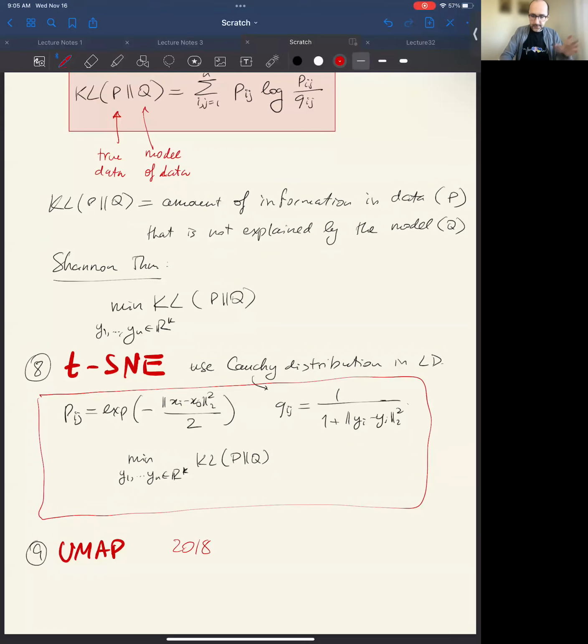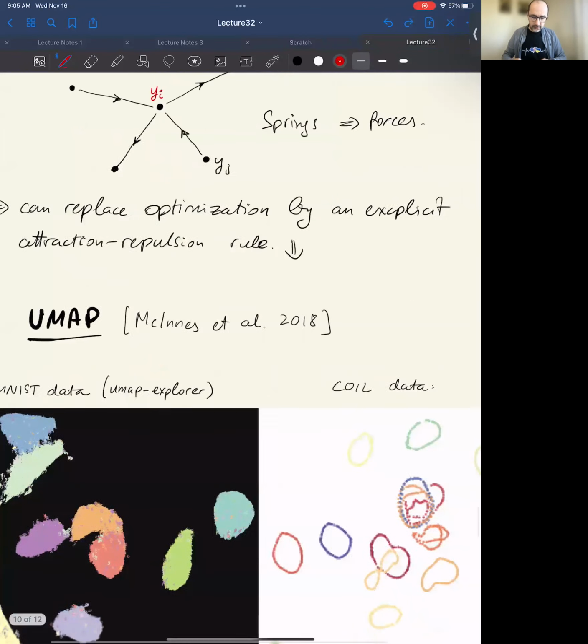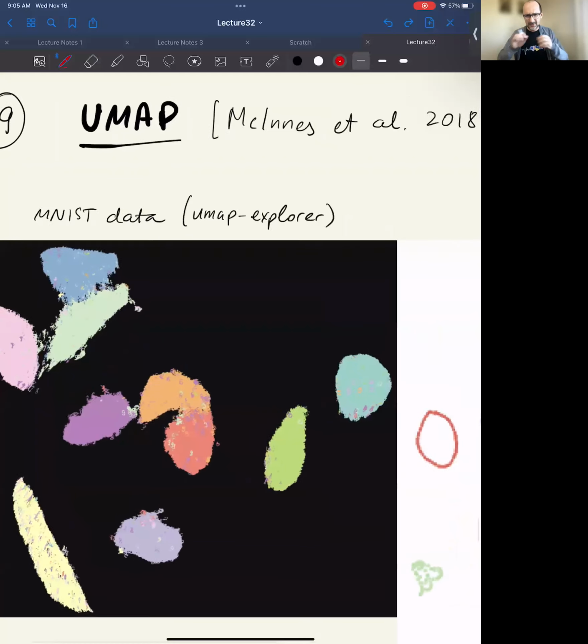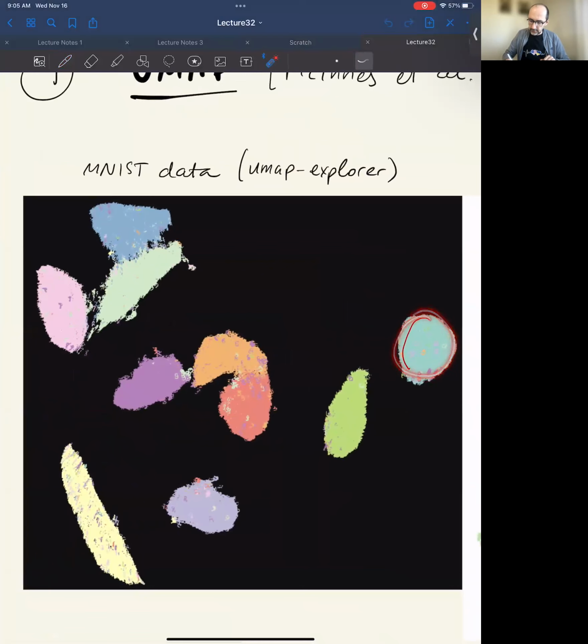Okay, one experiment will be done. Two experiments, actually. Here is UMAP. I'll not say exactly what UMAP does. It's a little complicated, but the idea is simple. You just set up this gradient in a nice way. This is digits, MNIST data. So these are 0s, and this is 6, I think.